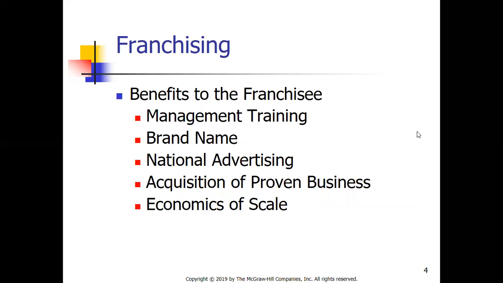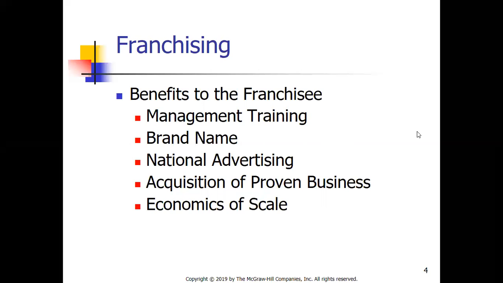And then acquisition of a proven business. Definitely, you want to minimize or avoid the high rate of failure. So you can choose the right, selecting an appropriate site, and you can conduct some study before you open that particular franchise business.